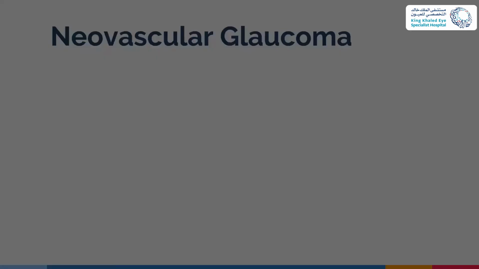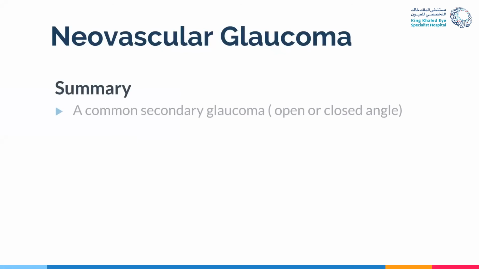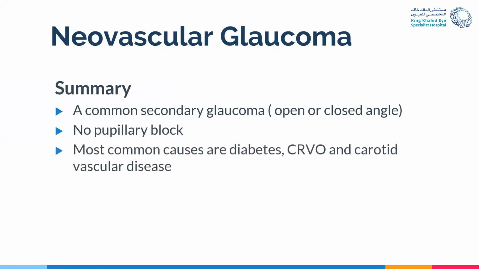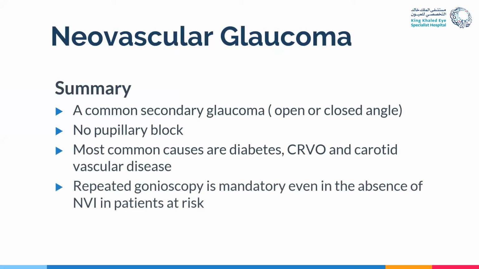So in summary, for this disease, it's a common secondary glaucoma, which can be open or closed angle. There is no pupillary block in these cases. The most common causes are diabetes, central retinal vein occlusion, and carotid artery disease, and repeated gonioscopy is mandatory even in the absence of MVI in a patient at risk.